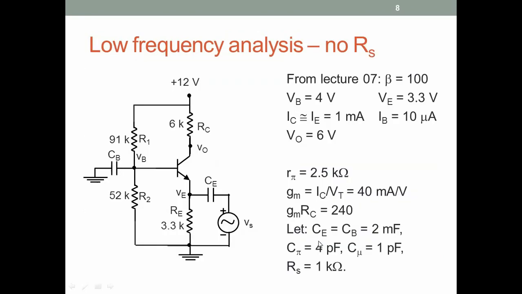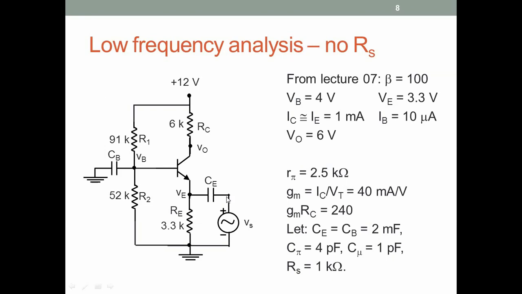Alright, let us look at the low frequency analysis of the same circuit. We look at the effect of CB and CE. I've just repeated these for reference. One thing I have done is I have removed the source resistance from this circuit.